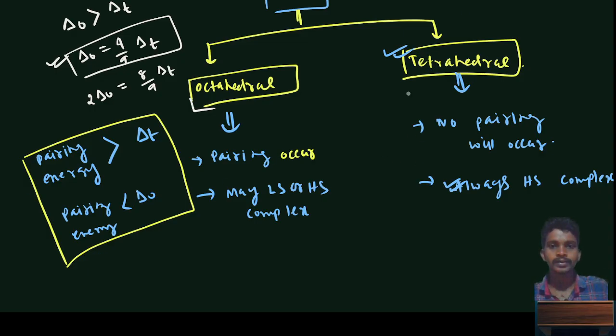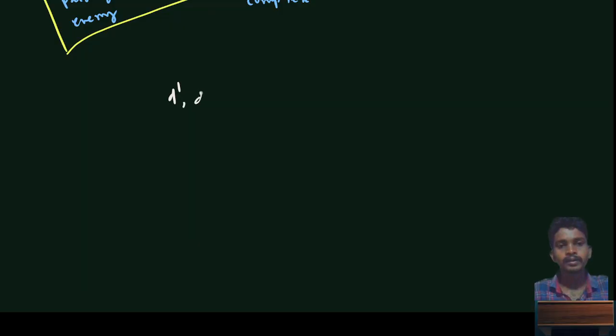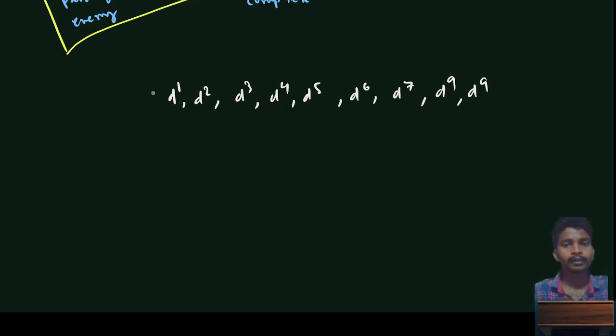Okay, so how is it? Let's take the examples. You have configurations like d1, d2, d3, d4, d5, d6, d7, d8, d9, and let's say d0.